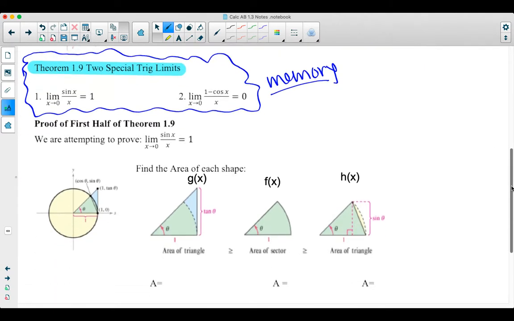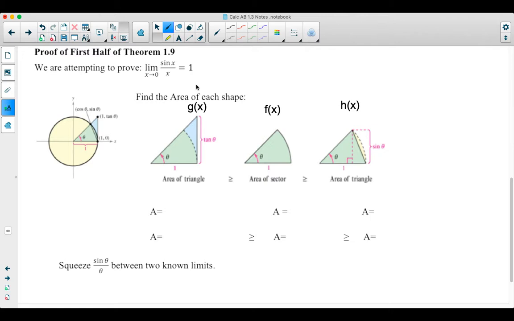All right, so what we're going to do first is we're going to attempt to prove the limit of sine of x over x as x approaches 0 is 1. So we've kind of illustrated here the sandwich effect, and since they're trigonometric functions, we're doing it kind of geometrically. So this is a picture of the unit circle. This here is a sector that helps us visualize sine of x over x.